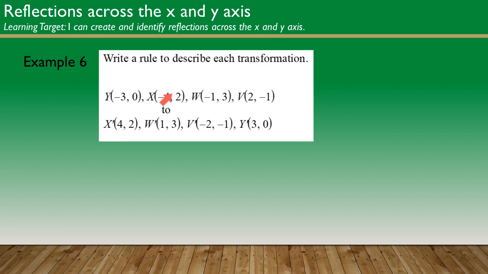X to X prime, the x value goes from -4 to +4. W to W prime, x is -1 to +3, and the y stays the same. And then V to V prime, the x changes and the y stays the same. So if just the x changes, this is a reflection over the y-axis.